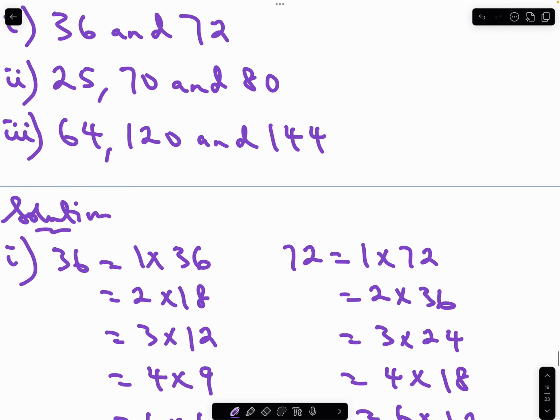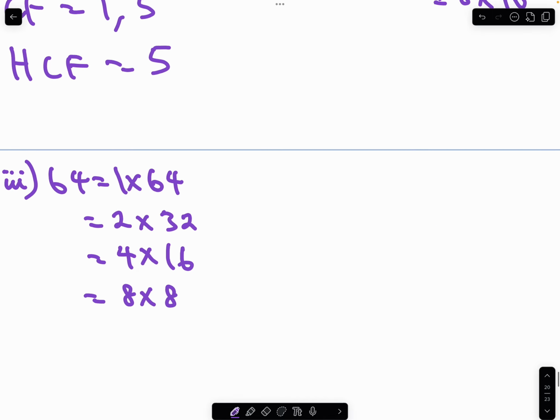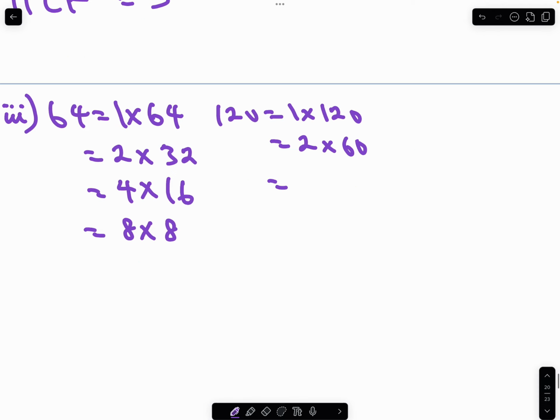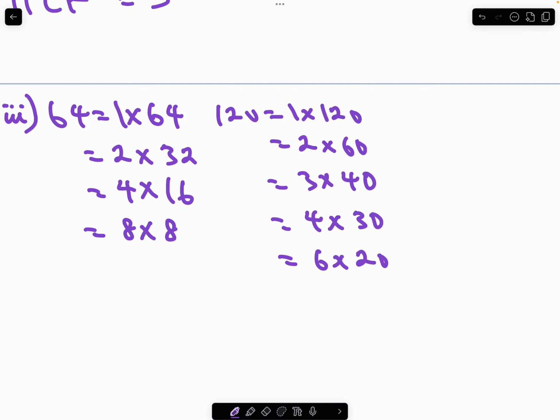Now to the numbers: 64, 120, and 144. 120 is equal to 1 times 120, 2 times 60, 3 times 40, 4 times 30, and also 6 times 20.